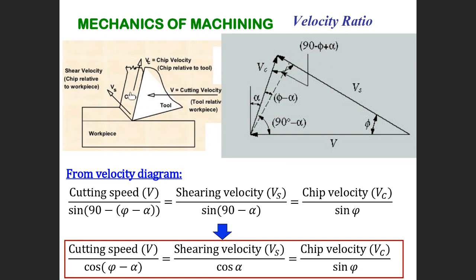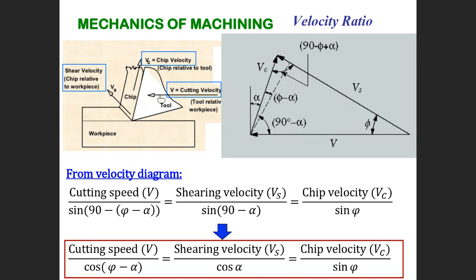This is the chip velocity, Vc, because the chip comes like this and moves in this direction. And this is the shear velocity, because the material will be sheared in this direction.